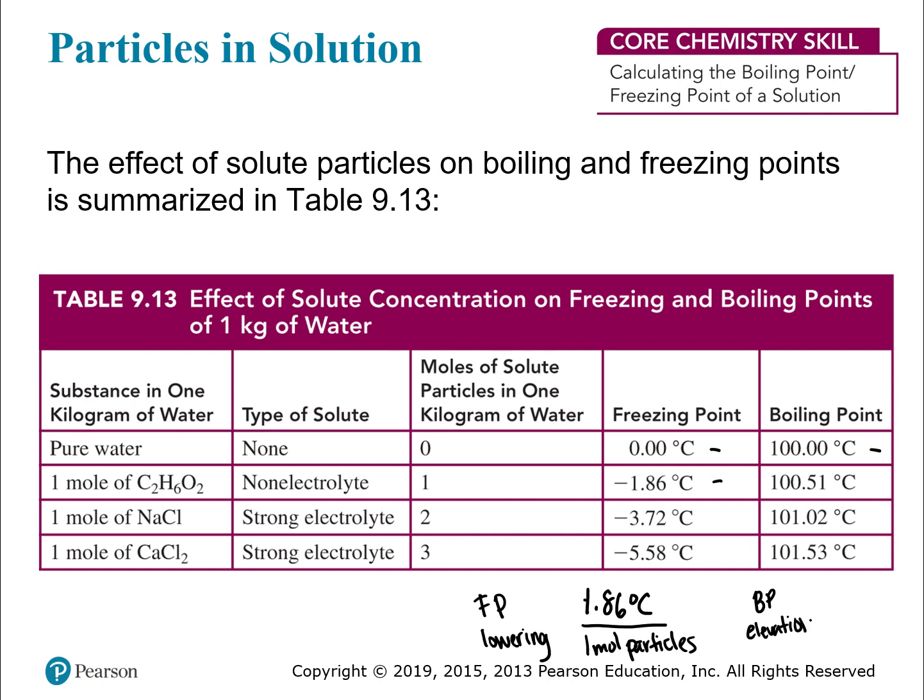For boiling point elevation, we've got a difference of about half a degree for every 1 mole of particles. We can use this to figure out the new freezing point or boiling point of a solution.